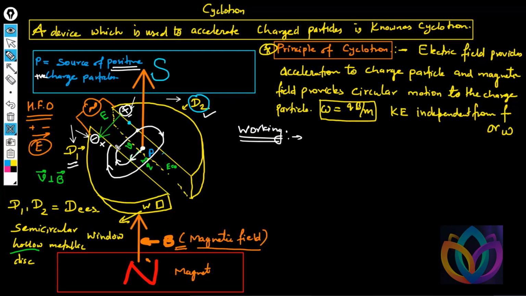Then further, when it enters the gap, the polarity gets reversed. Now D2 will become negatively charged, D1 will become positively charged, and this process is repeated again and again. Finally, when the charged particle has maximum kinetic energy, it will come out of this window and hit the target.